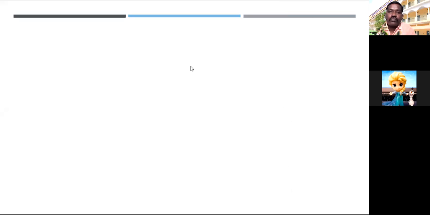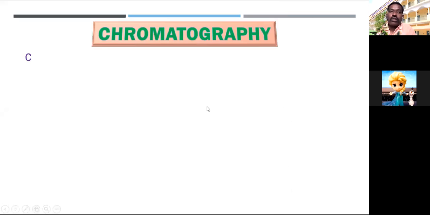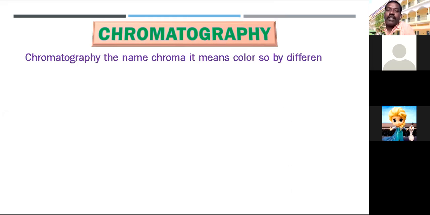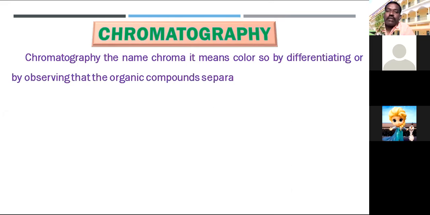What is chromatography? Chromo means color. Chromatography is the technique of separating a mixture of organic compounds by differentiating and observing them, and it is completely separated.